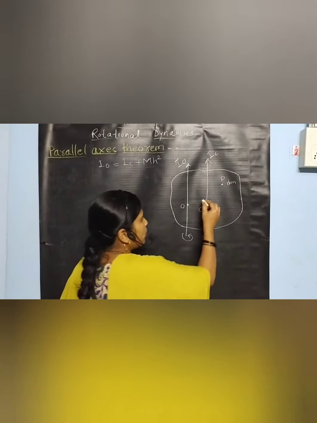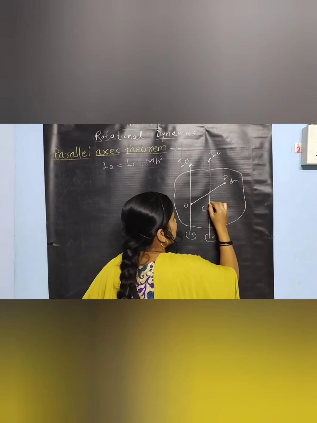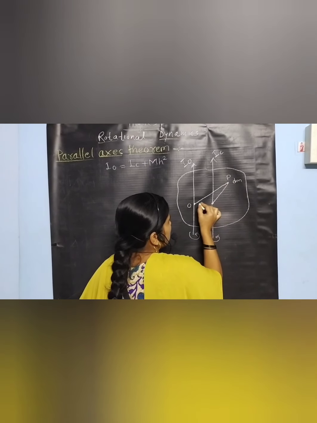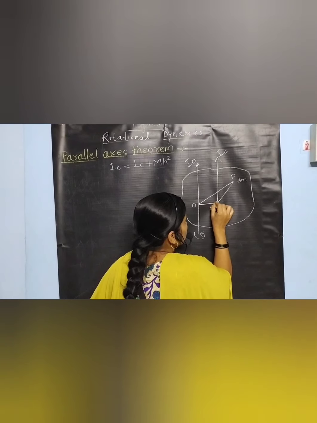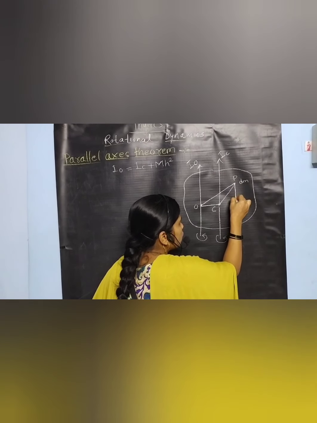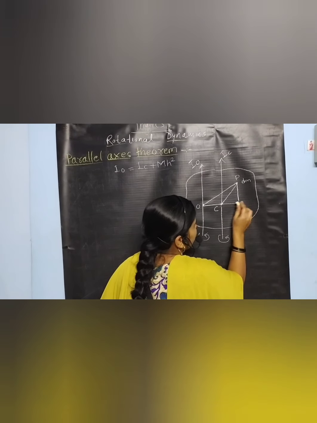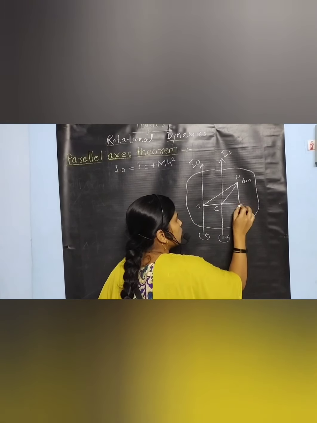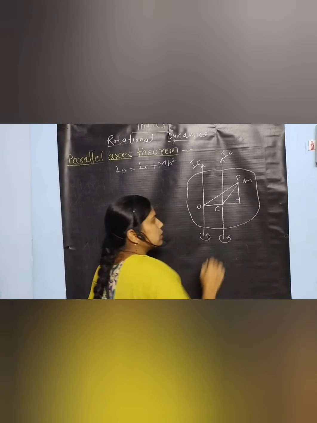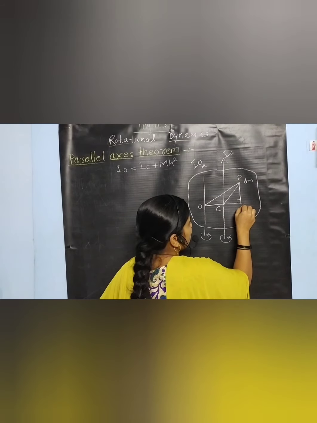We join OP as well as CP and OC, and draw a perpendicular from point P on OC. If we extend OC, then we draw the perpendicular. This angle is 90 degrees. We call this point N.